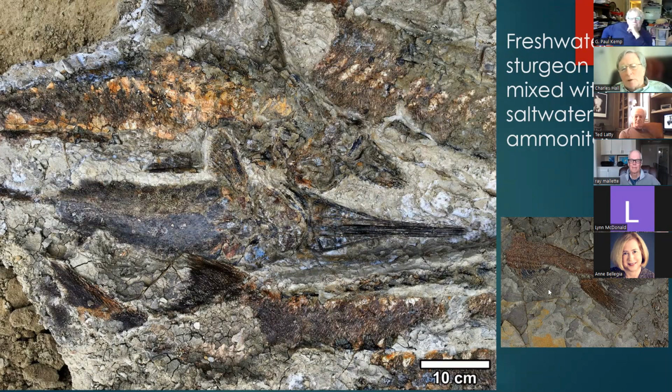Look how beautifully preserved some of these fins are. And the interesting thing is some of them are freshwater and some of them are saltwater, and they're all piled in together, including with some debris of trees and all kinds of other stuff. It's just an amazing bunch of stuff.